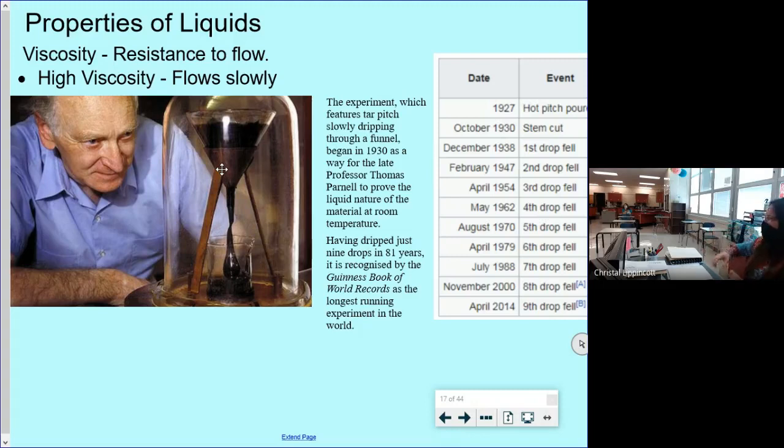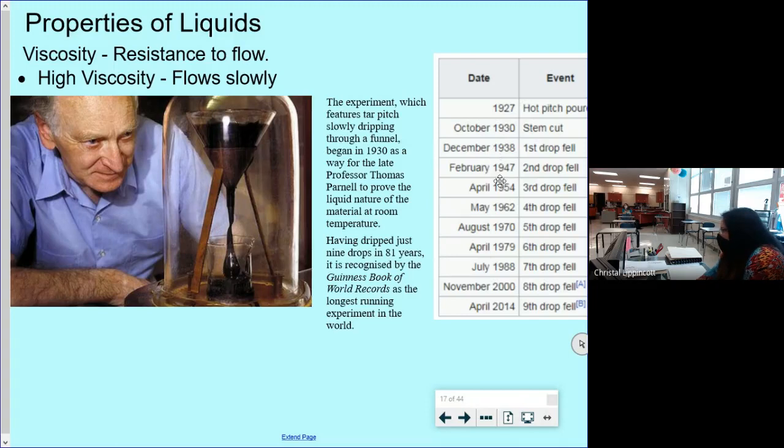That's what that pitch is. During the summer it gets hot and you put your shoe in it and it feels kind of sticky. He poured this pitch in here and he waited 3 years and then he cut the bottom of this funnel out. And 8 years later, the first drop finally fell.